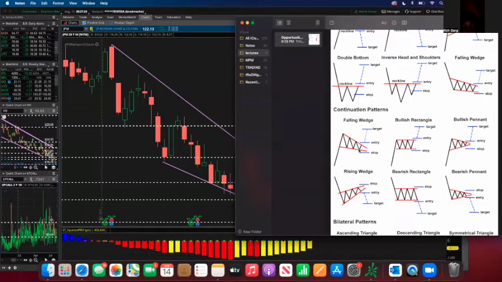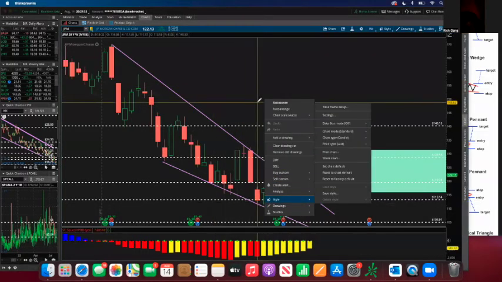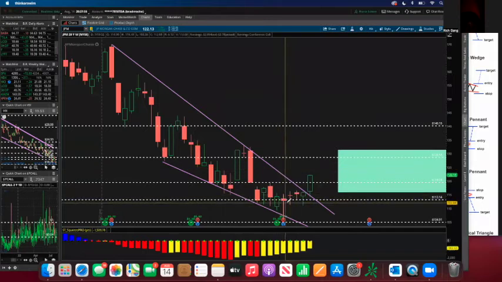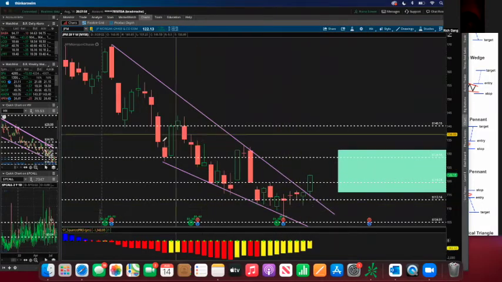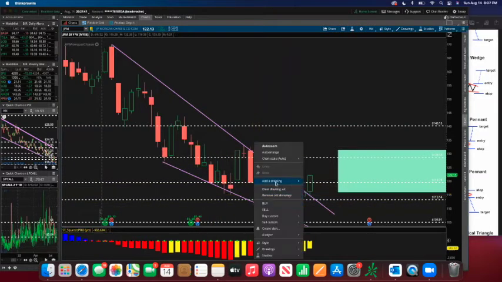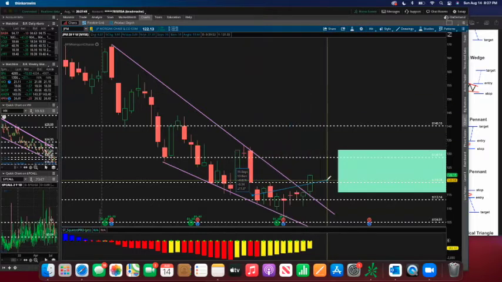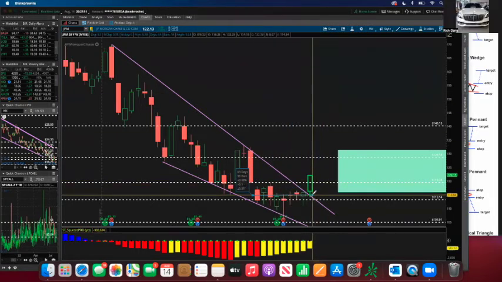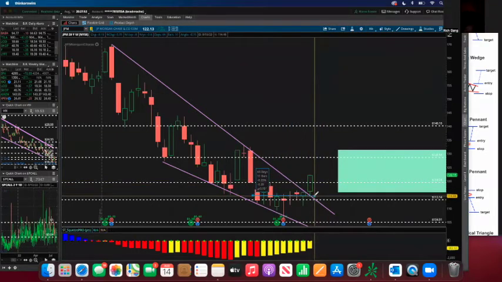So see, entry here on the falling wedge, right? I like it when I see that price can't make a lower low, giving an indication that price is going to change. For example, you can see every time it's making lower lows. Right here, we consolidated for 11 bars, so almost 12 weeks, 4 months.